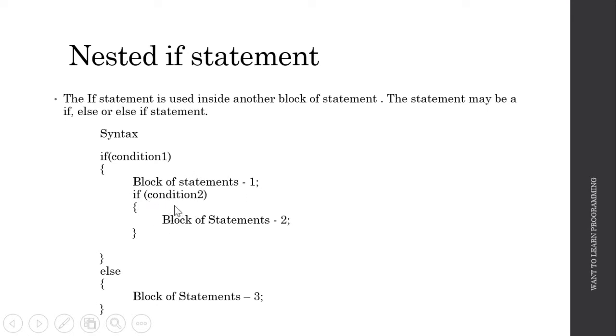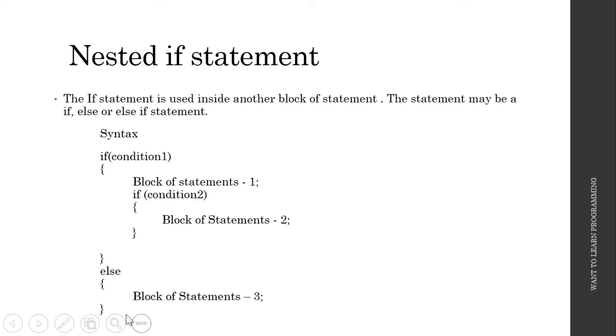If the second condition is true, then it executes block of statements 2. If condition 2 is false, then it goes back to compile the next statement. If condition 1 was false, then it jumps over all these statements and directly goes to the else statements, that is block of statements 3.